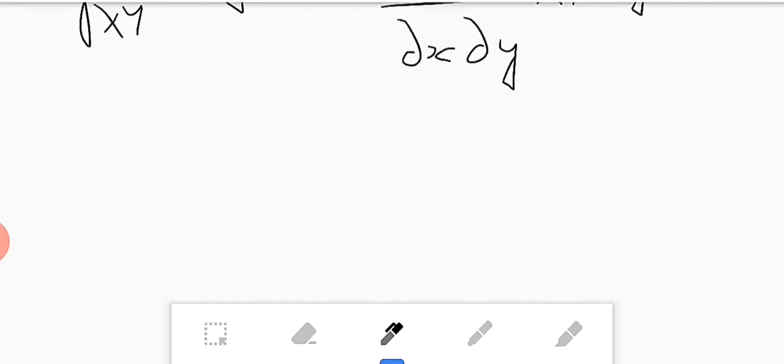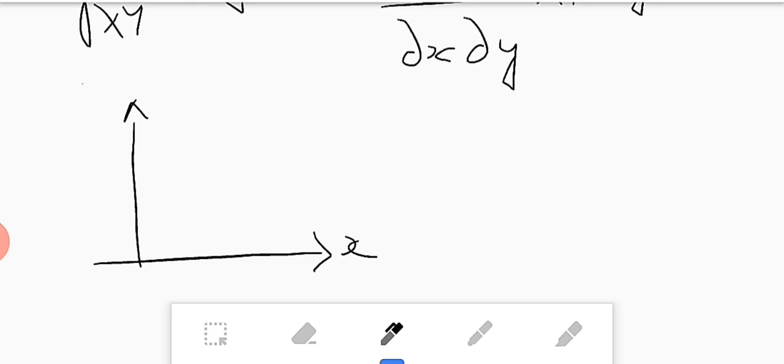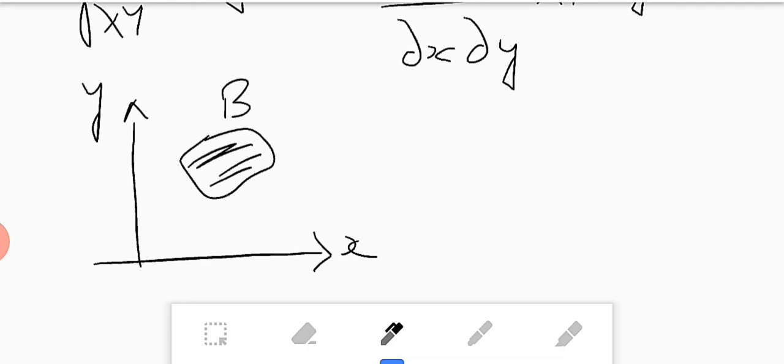So if this is your xy plane and this is your event B, this is your plane of event B occurring. So it has both values of x and y. And probability of B, how will you find it?